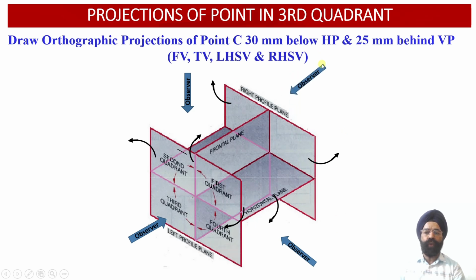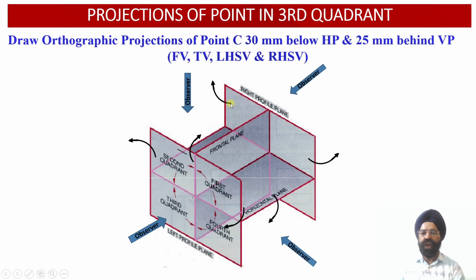Similarly, when we look at this object from the right hand side orientation, the projection of this point will be obtained below the XY reference line onto this right profile plane. And we know that this right side profile plane should be rotated towards the right hand side orientation.